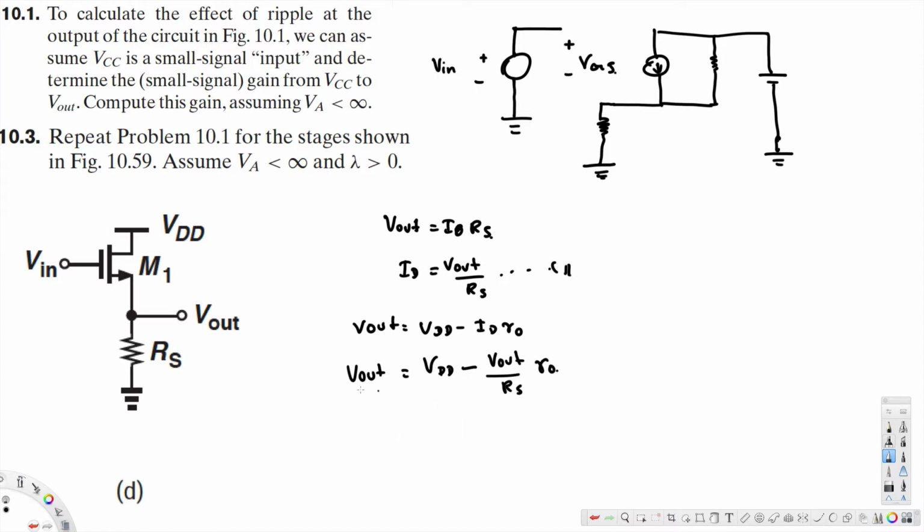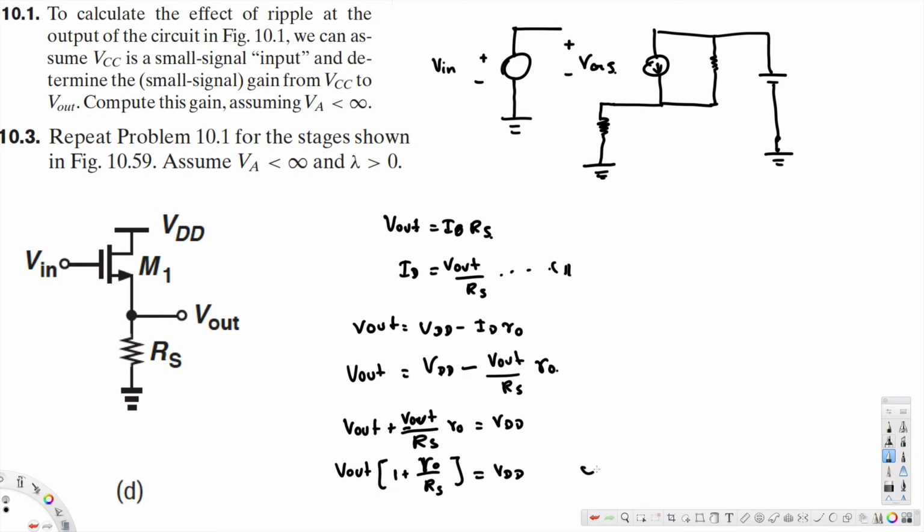Now the next thing is we are going to bring all the Vout terms to one side, so this is going to be Vout plus Vout over RS times RO is equal to VDD, and if you take Vout common, this is going to be Vout times 1 plus RO over RS, that is equivalent to VDD.